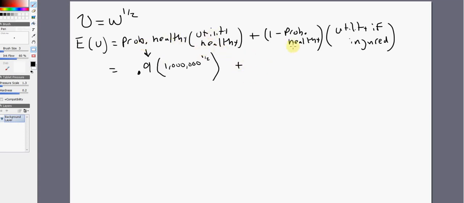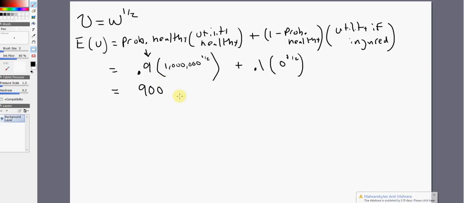The next part is there's a probability that the golfer will be injured, which is just 1 minus 0.9, or as we said in the previous slide, just 10%. And the utility if injured, well, if injured, the golfer earns nothing. So wealth is 0. And if we were to solve this, we're going to get 900. So the expected utility for the golfer is 900.